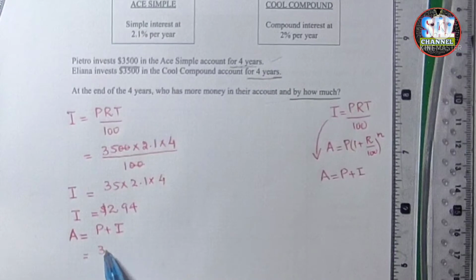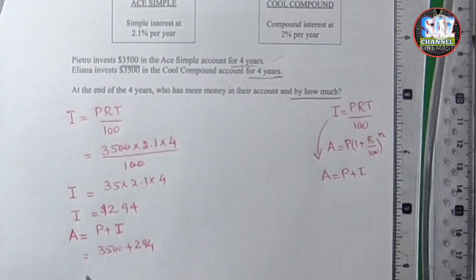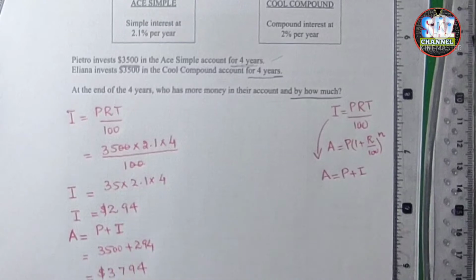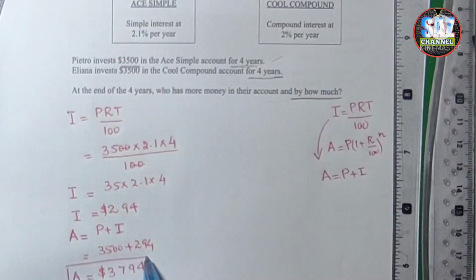Principal is 3,500 and interest is 294. 3,500 plus 294 gives me $3794, and let me block the answer. This is the amount that this person will have by the simple interest plan.